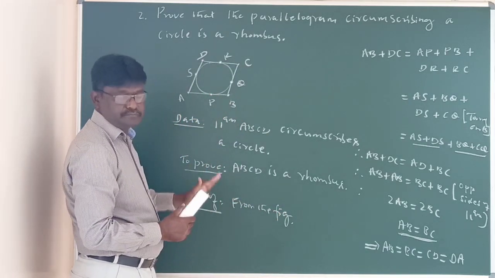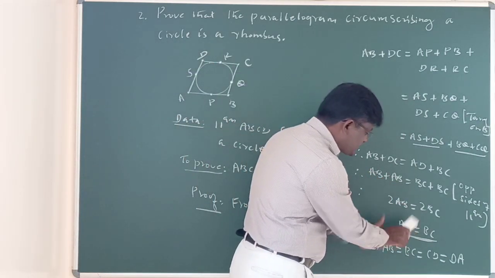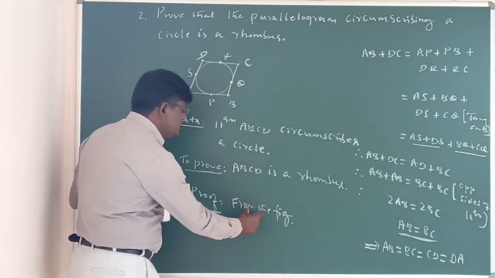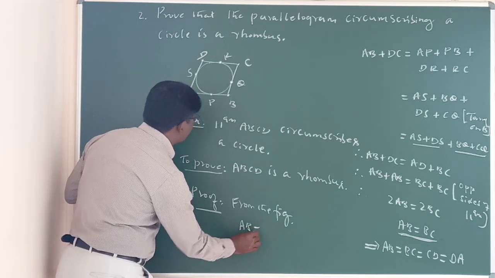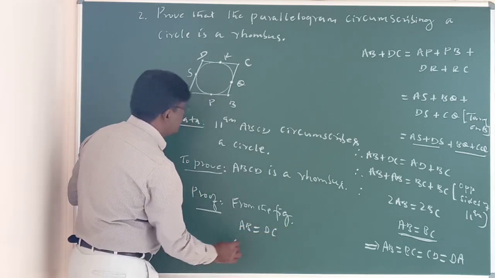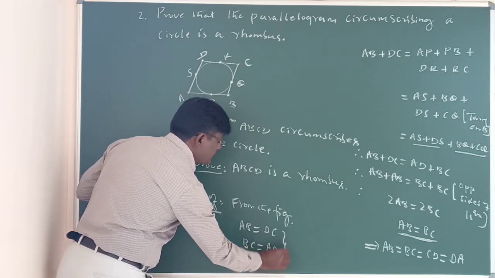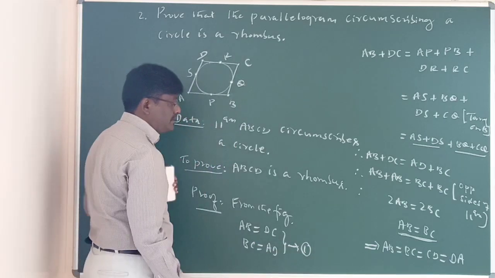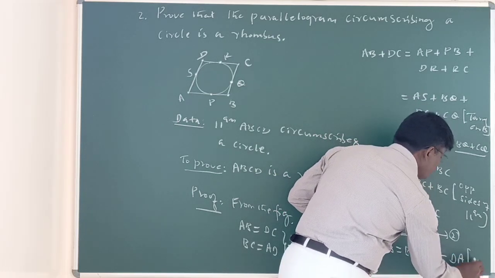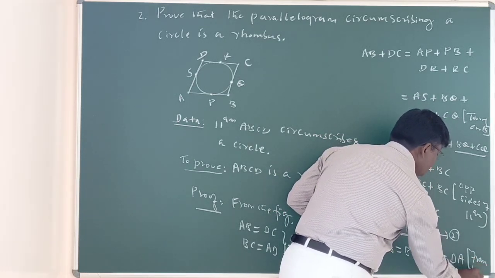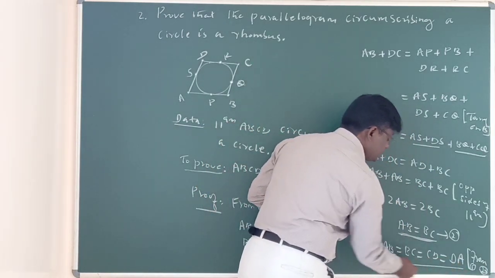If you want extra justification, from the figure we write: AB equals DC, and BC equals AB. Call these results 1 and 2. So now from 1 and 2 we got this important fact.